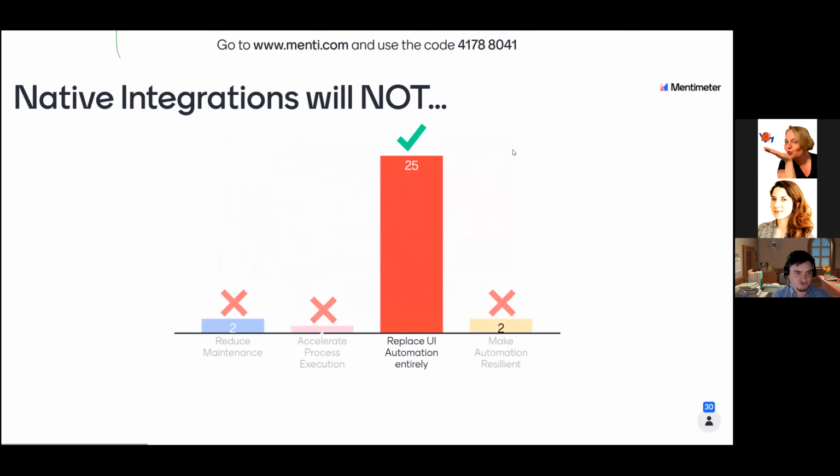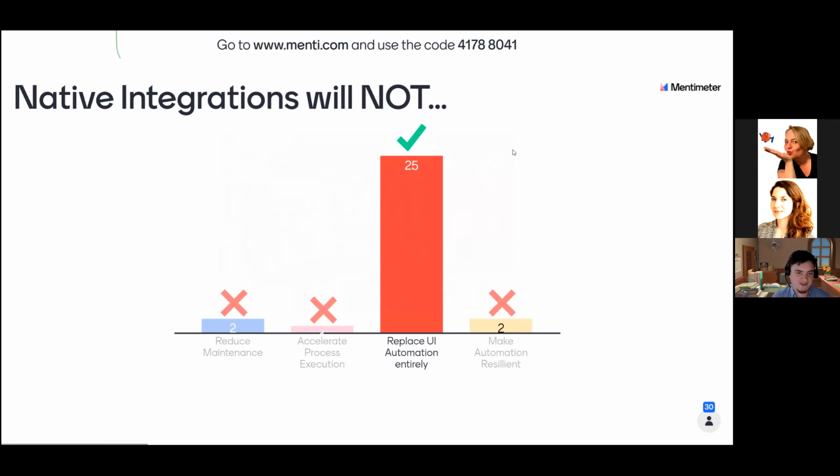Absolutely right. Native integrations reduce maintenance because APIs are built to stay. You don't need to update your robot so often. And because you're skipping the whole UI interaction, which is built just for humans, we speak directly to the API, we accelerate the process execution significantly. There's just a message sent, we get a response.